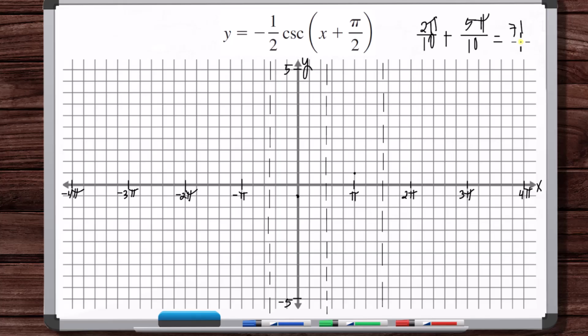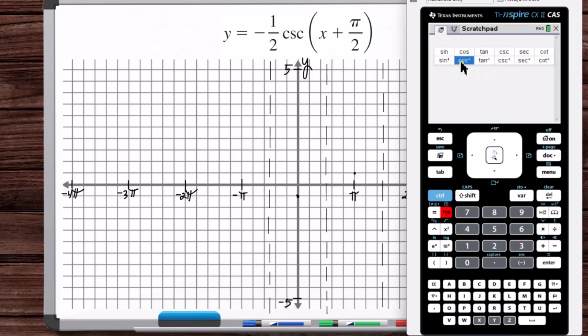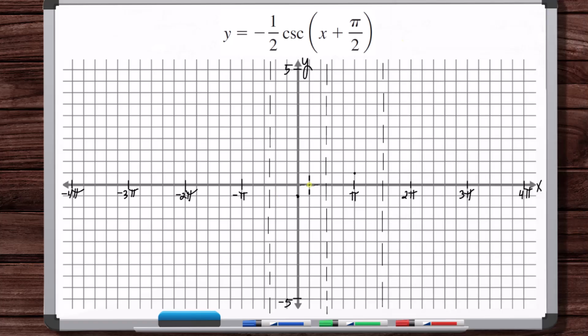So cosecant of 7 pi over 10 is what? 1.24. So now divided by 2, so minus 0.62. So this is x equals pi over 5. So minus 0.5, then minus 0.75. So right in there.